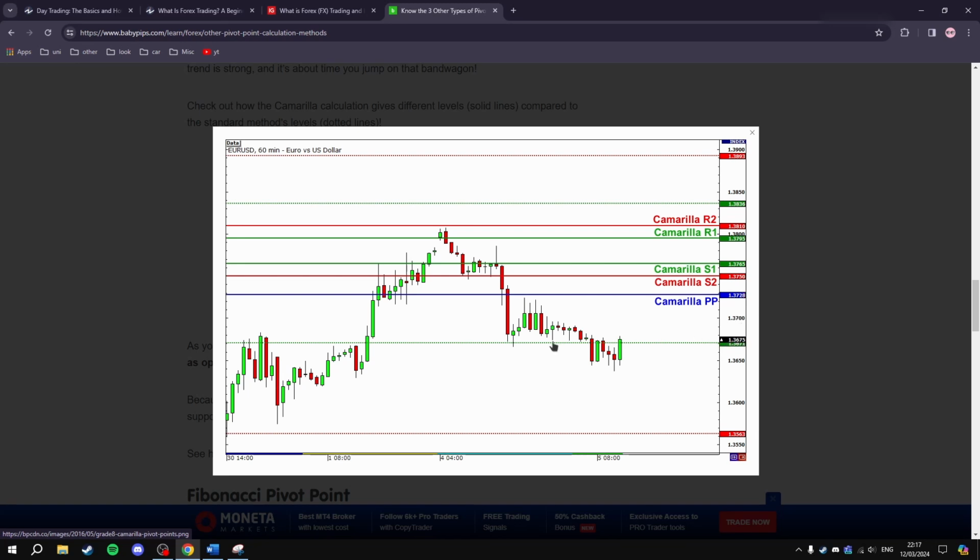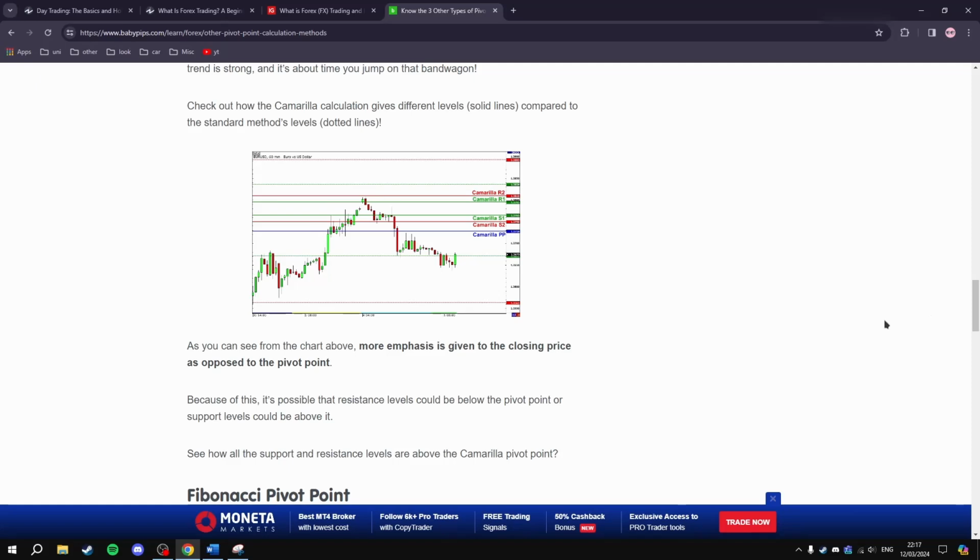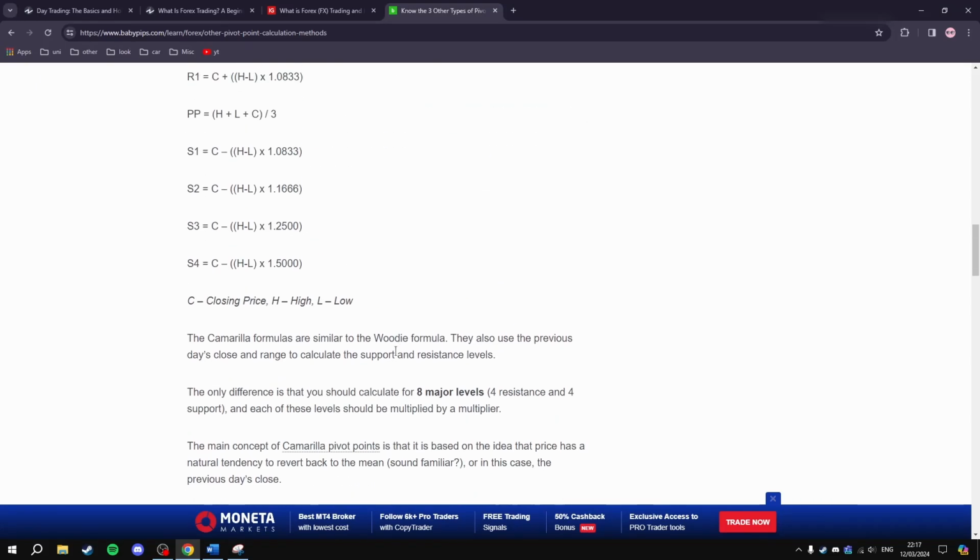The black one there. But there's no black line here though. Camarilla, S1, S2, R1, R2. What? Why is the pivot point below the support and resistance levels? Shouldn't it be in the middle? What?